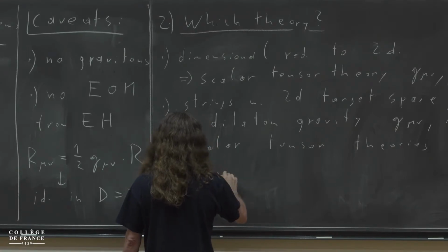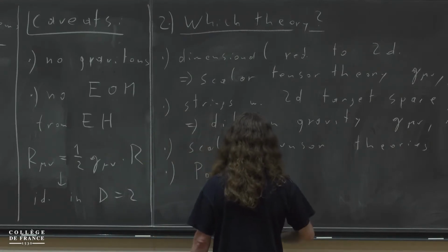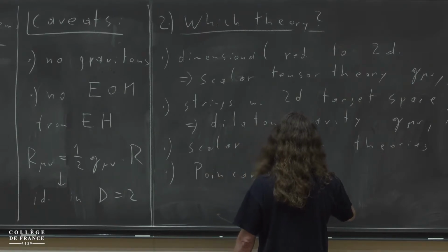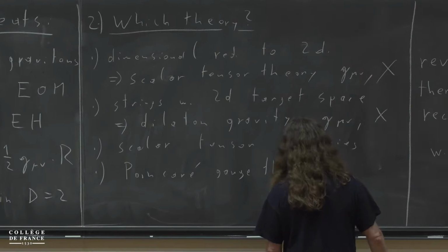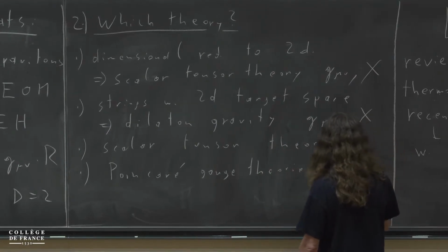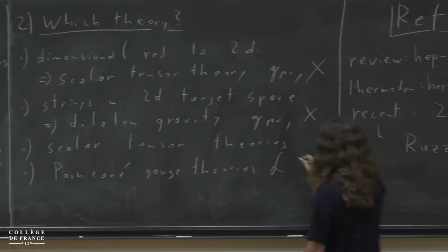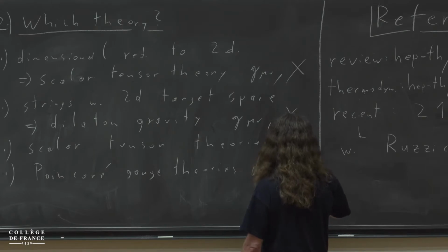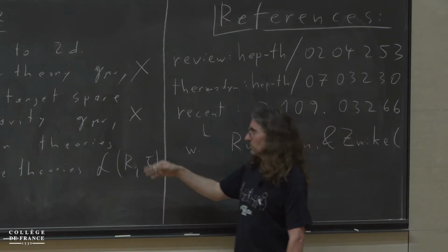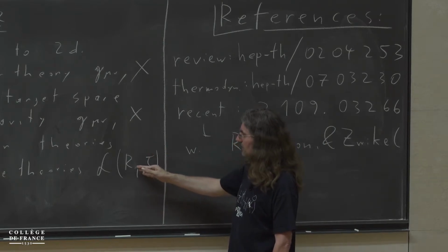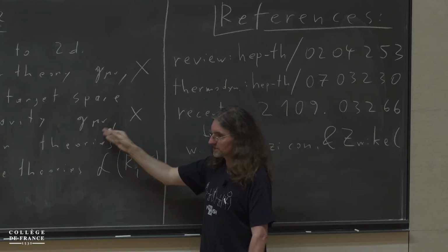So you can consider theories known as Poincaré gauge theories. So these are theories where the Lagrangian is a function of curvature and scalar invariants constructed from torsion. And one can show that this is equivalent to such a scalar tensor theory.